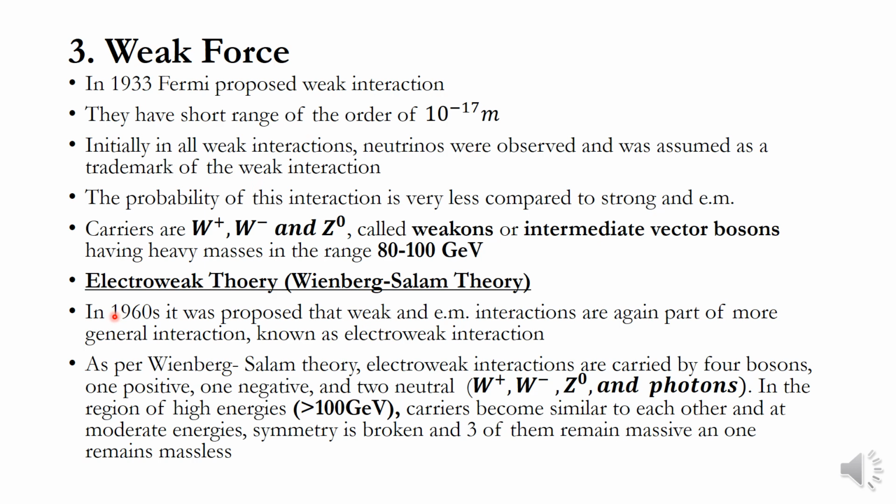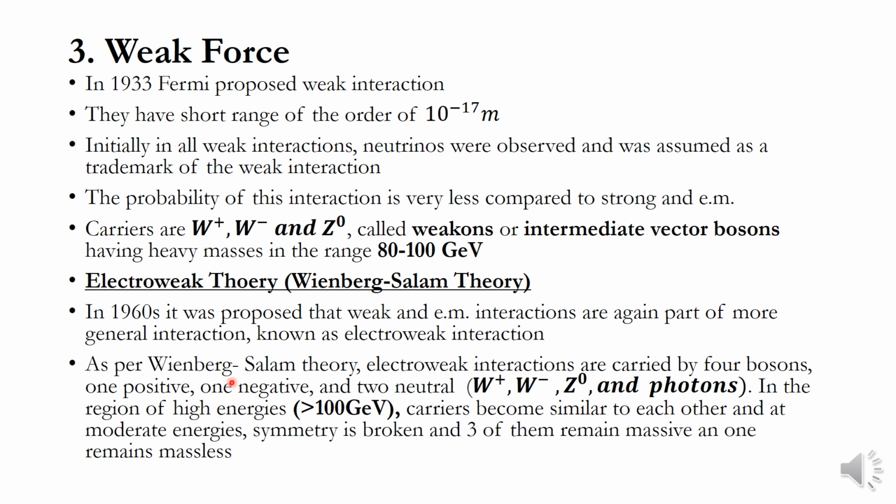In the 1960s, it was proposed that the weak interaction and electromagnetic interaction are part of a more general interaction known as the electroweak interaction. This theory is called the electroweak theory or Weinberg-Salam theory.